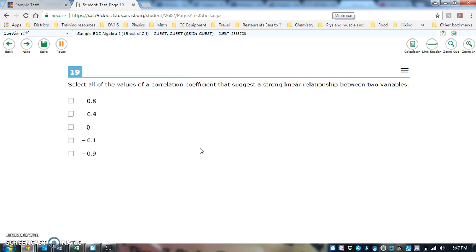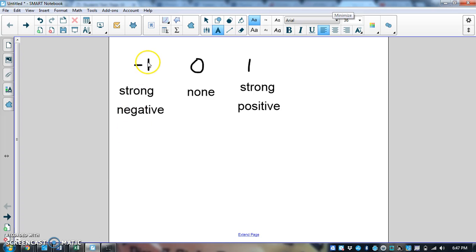All right, we are asked to select all the values of a correlation coefficient that suggest a strong linear relationship between two variables. Our correlation coefficients are going to vary between the values of negative 1 to 1, where negative 1 is a strong negative linear correlation. That means it's a perfect fit between the data points and our linear regression, and it's negative in that our slope is negative.